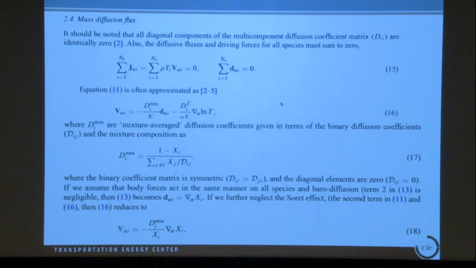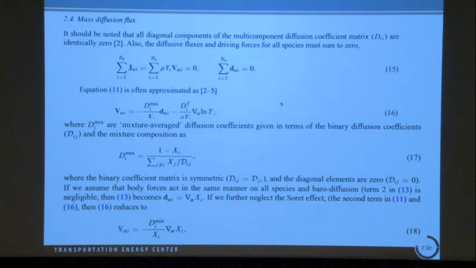Okay. So for the mass diffusion flux, the diagonal components of the multi-component diffusion coefficient matrix are identically 0. And then also the diffusion fluxes and the driving forces for all of the species have to sum to 0 for continuity.